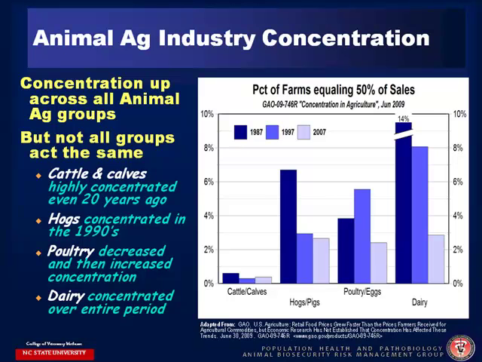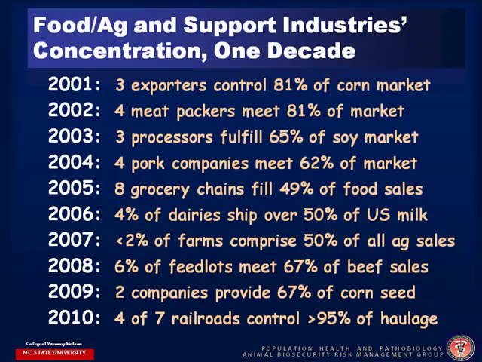Since we're in Texas, let's talk about beef cattle. In 2002, 4 meat packers met 81% of the market. By 2008, 6% of the feedlots produced 67% of the fed cattle. Very similar to what I was talking about in the dairy industry, where 4% of the dairies produced over half of the milk.